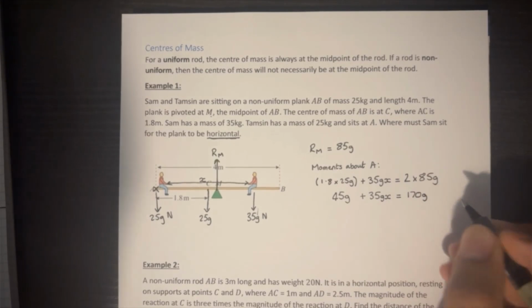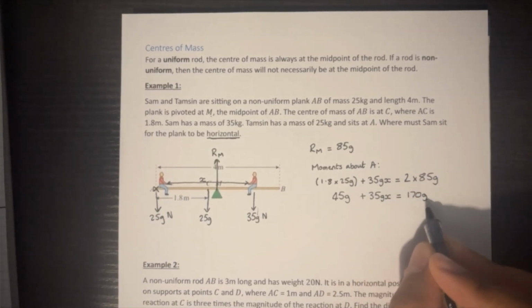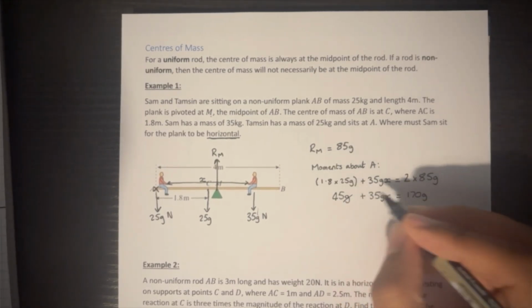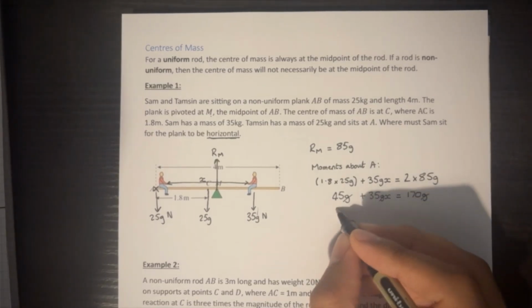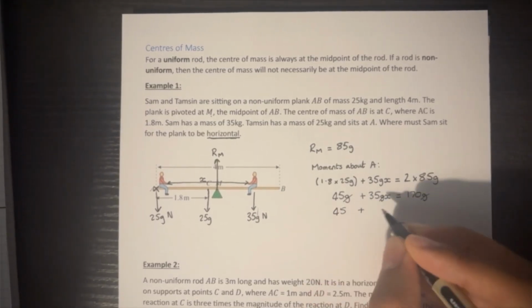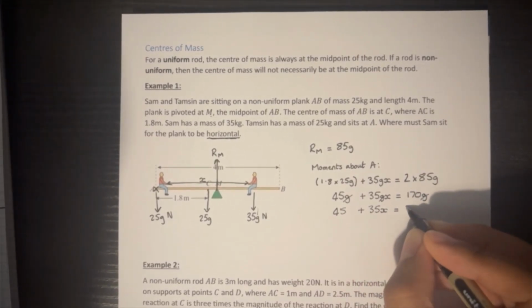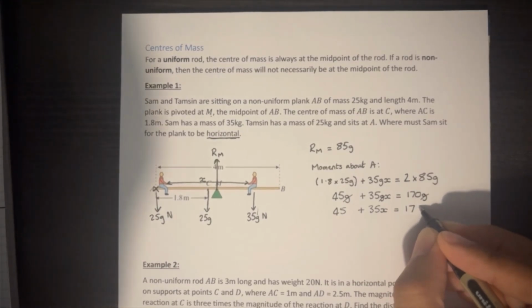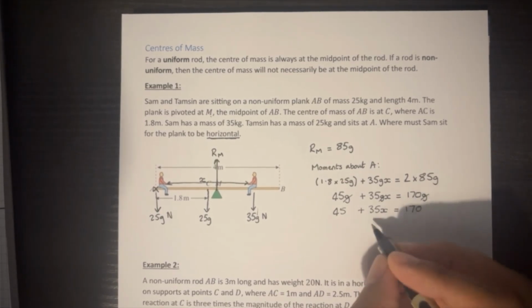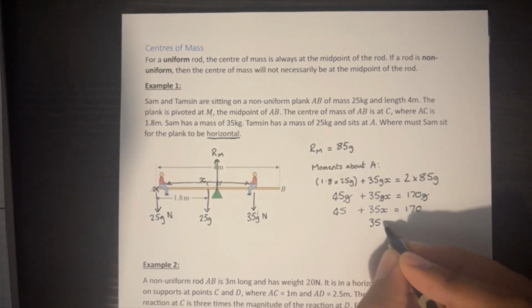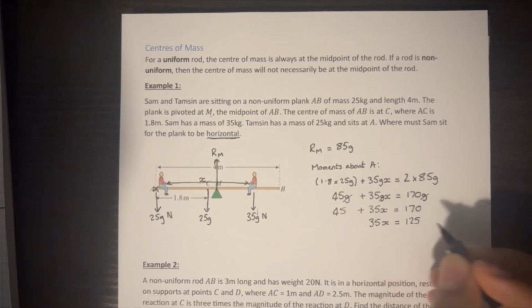Now there is some simplifying I can do because every term involves g. I can cancel out by dividing everything through by g, and that's going to leave me with 45 plus 35x is equal to 170. If I subtract 45 from both sides, I get 35x is equal to 125.